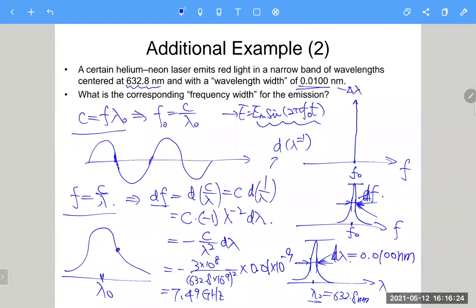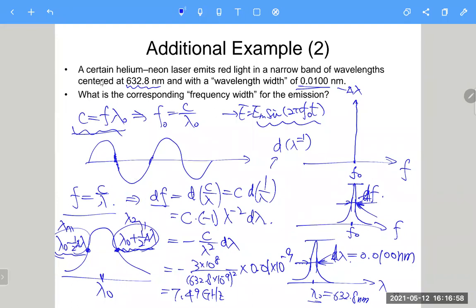You can just take this point as lambda 0 plus 1/2 of delta lambda, and this point is lambda 0 minus 1/2 delta lambda. So this point has this wavelength, and this point has another wavelength. Then you can substitute these two numbers into here. This point is lambda 2, and this is lambda 1.